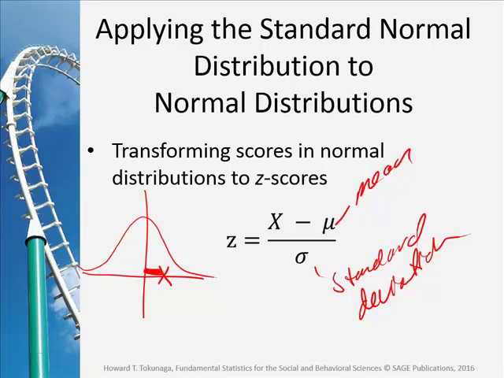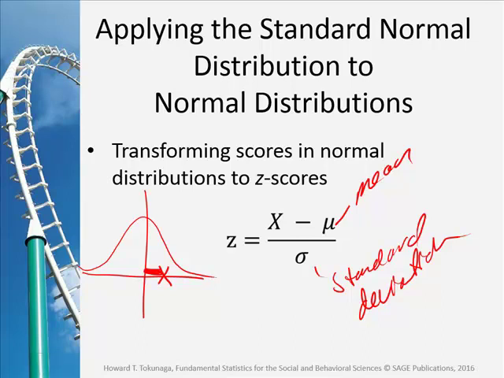Because again, what does the standard deviation do for the shape of our curve? If I have a high standard deviation, what does that do to a nice normal curve? It flattens it, right? Because I have to go wider out further from the mean. If I shrink the standard deviation, it makes it peaked.